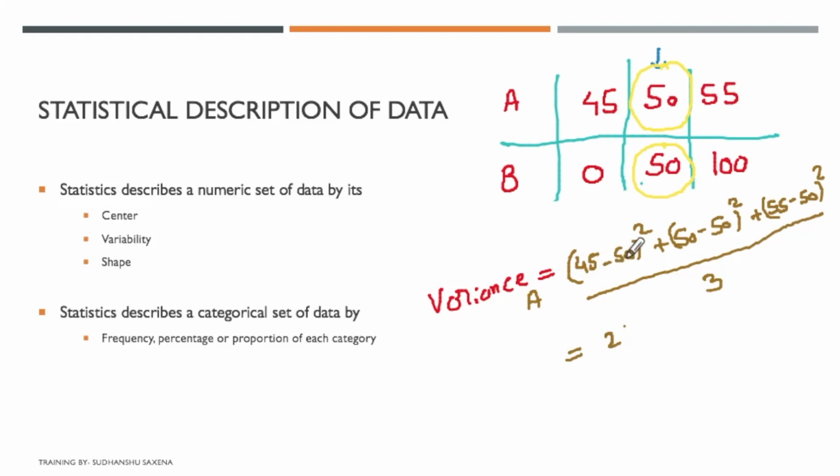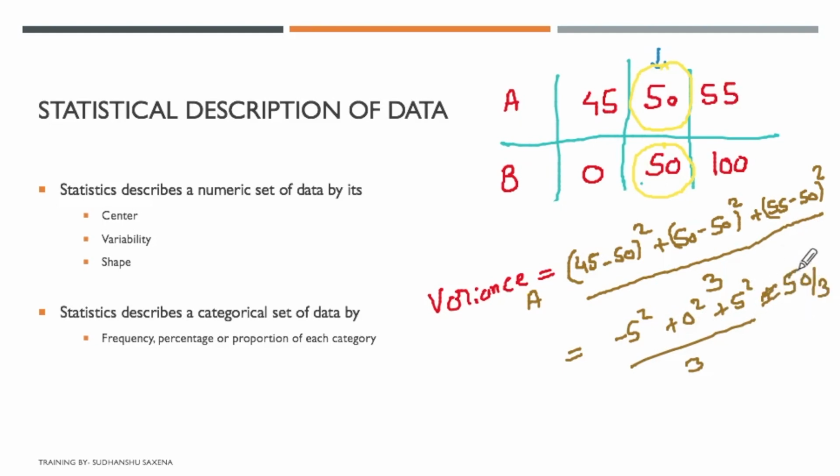45 minus 50 is minus 5, so you say minus 5 square. Maybe I'll just write it down for the first time: minus 5 square, plus 0 square, plus 5 square, divided by 3. Minus 5 square is 25, plus 0, plus 25 is 50, so 50 divided by 3.